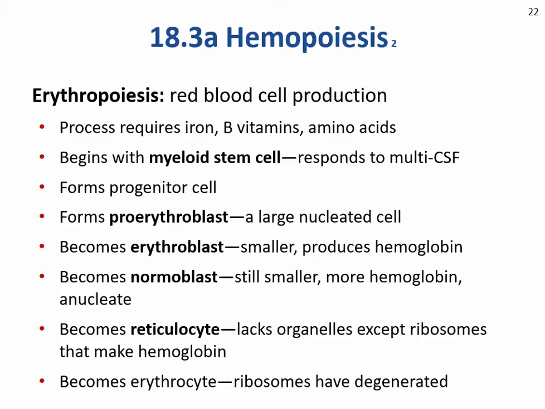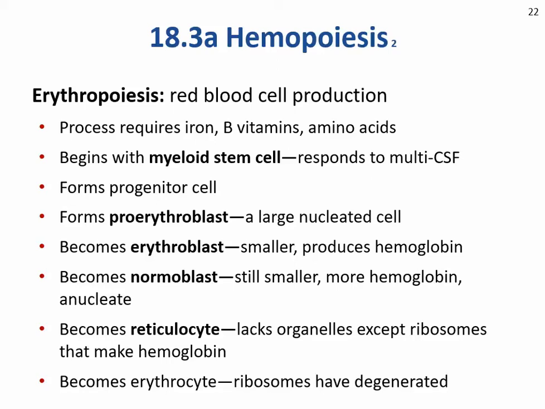They then develop into something called an erythroblast. So to become an erythroblast, what's happening is they will grow a lot of endoplasmic reticulum, a lot of ribosomes, and they will start translating the hemoglobin, and they will start making hemoglobin.